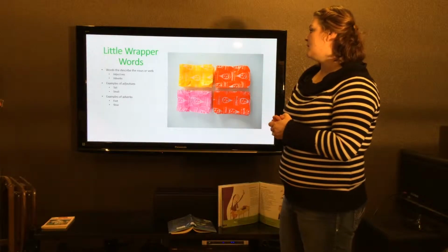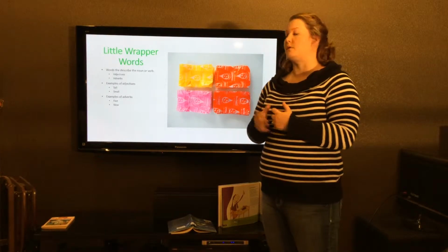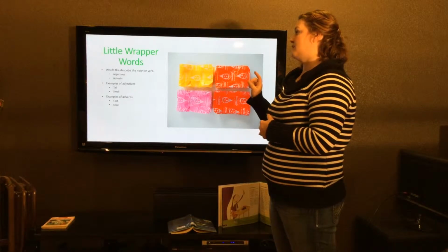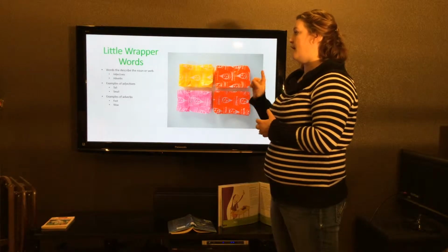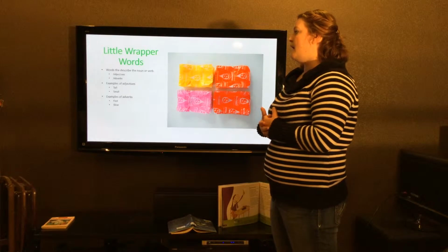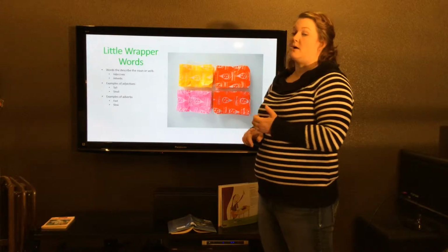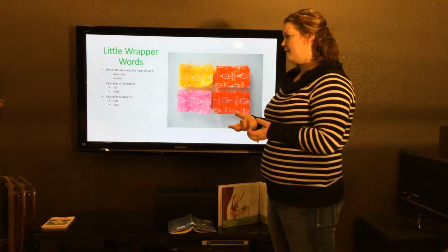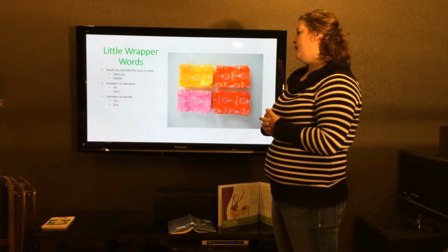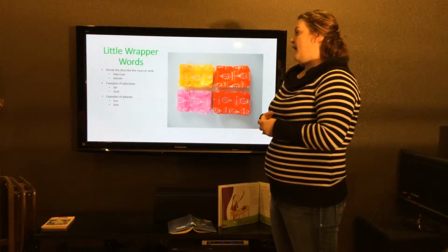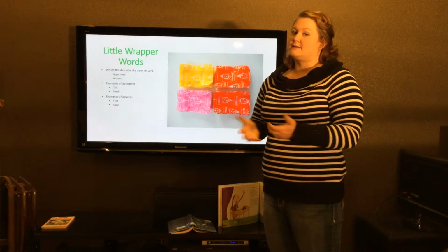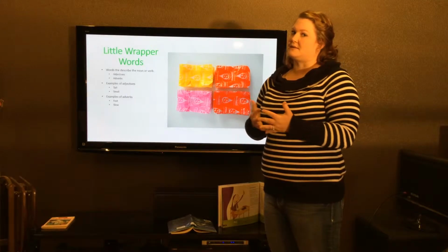These are more important because they're words that describe the noun or the verb. They're adjectives and adverbs. An example of these adjectives are small and tall. That gives us some information, but not a lot. And then other examples of adverbs are fast and slow.